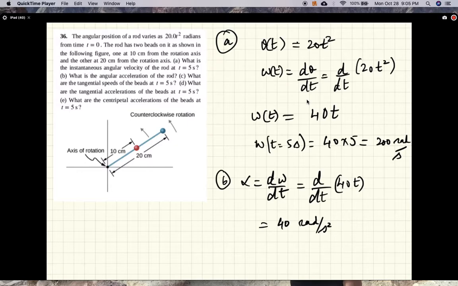What is the tangential speed of the beads at t equal to 5 seconds? So part C, the tangential speed is rω. Let's add a page below.